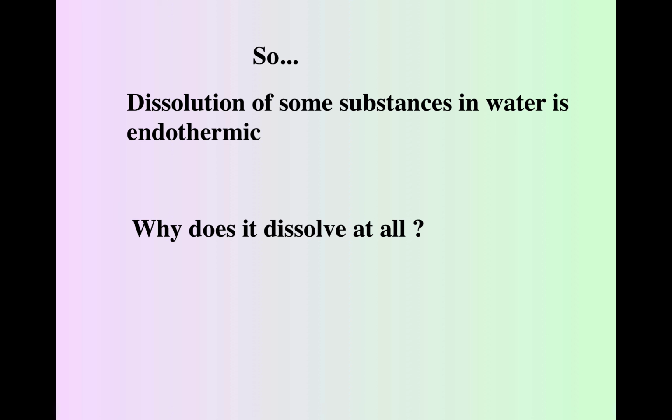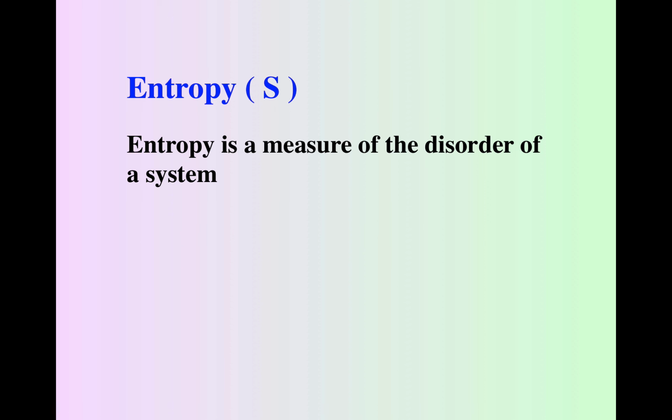Why does it dissolve at all? The answer is entropy, and we'll get into entropy more in depth later on in the course, but entropy is a measure of disorder of a system. And we have a law of thermodynamics, I forget if it's the second or the third, that says the entropy of the universe is always increasing.